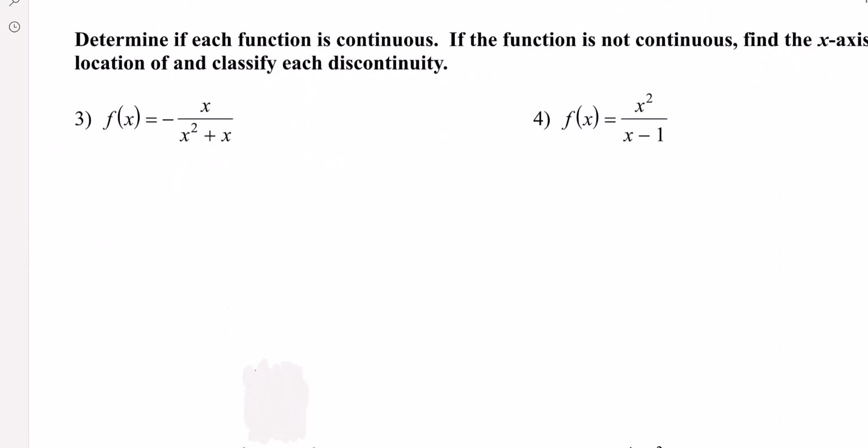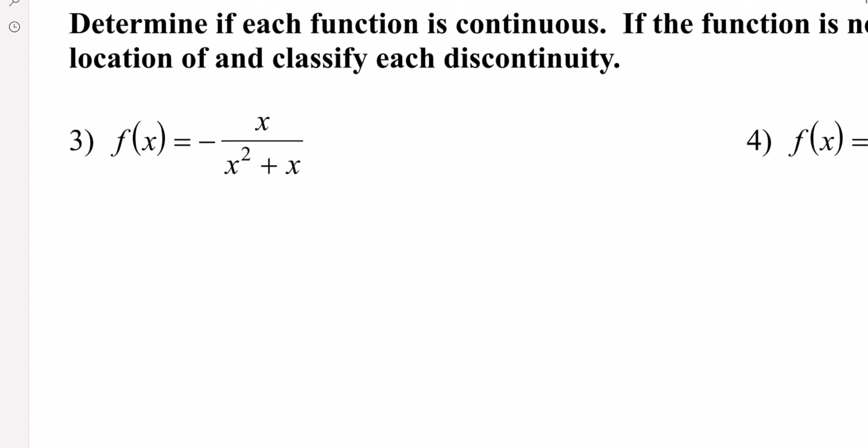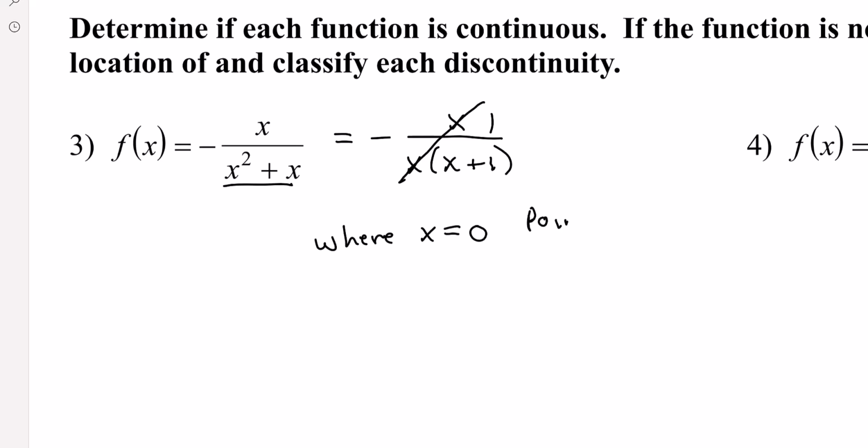All right, determine if each function is continuous. If the function is not, find the x-axis location and classify. So again, we'll leave this here. These two have an x in common, leaving x plus 1. So now look at that, x cancels out. So you'd say where x is equal to 0, point discontinuity.